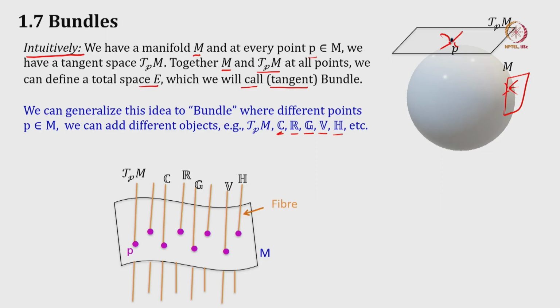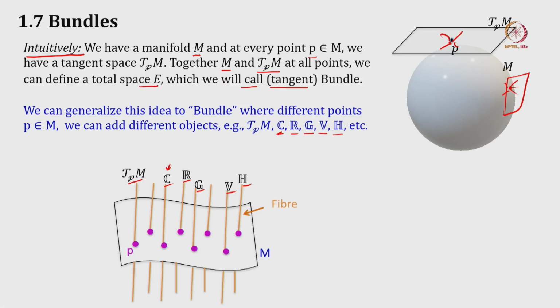We just added different things at different points. It does not necessarily have to be the same, and even if it is the same, there can be differences within, such as complex numbers, matrices and so on and so forth.